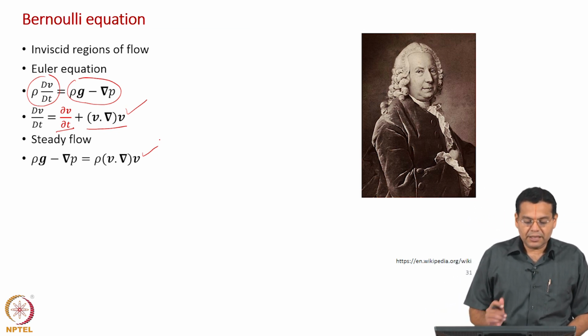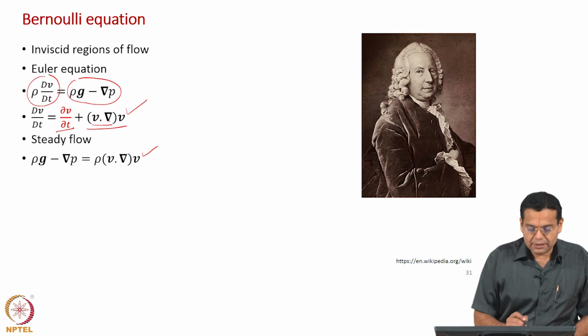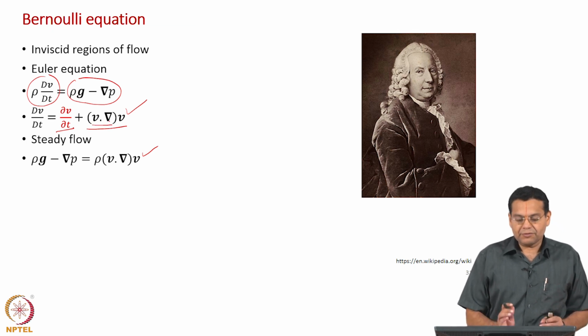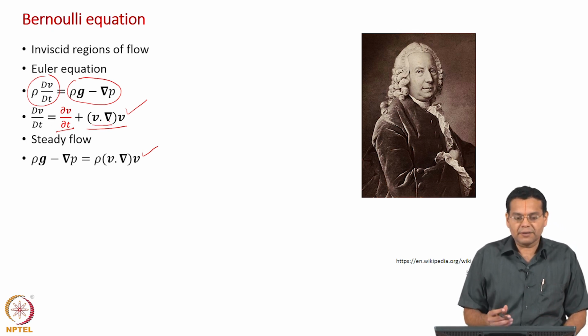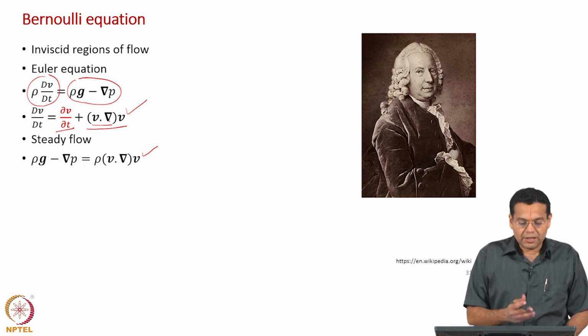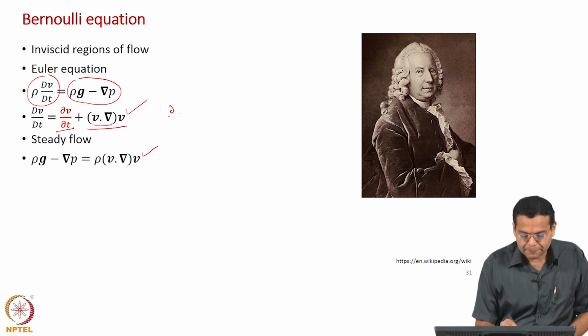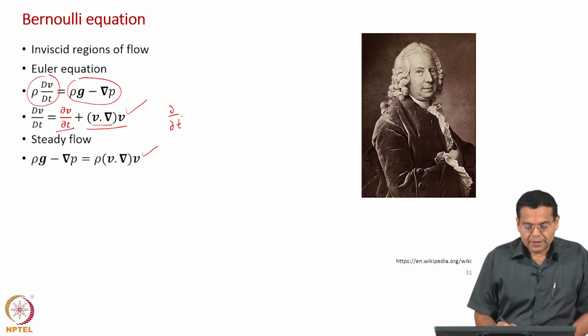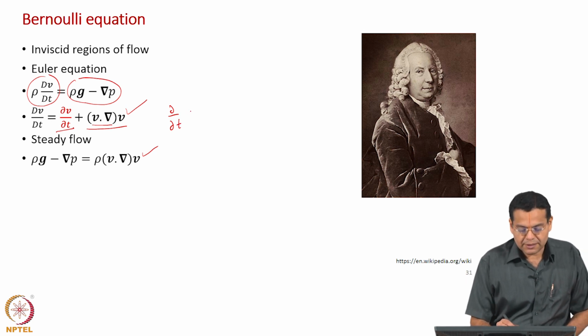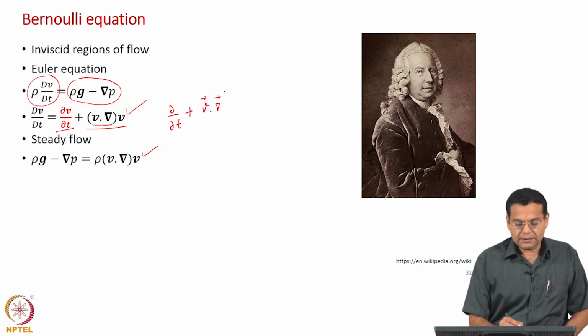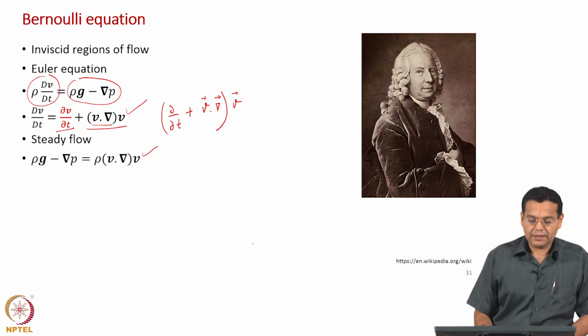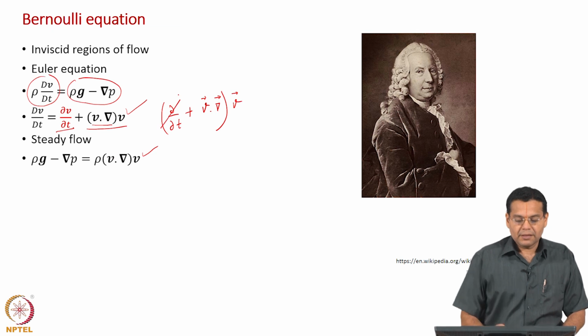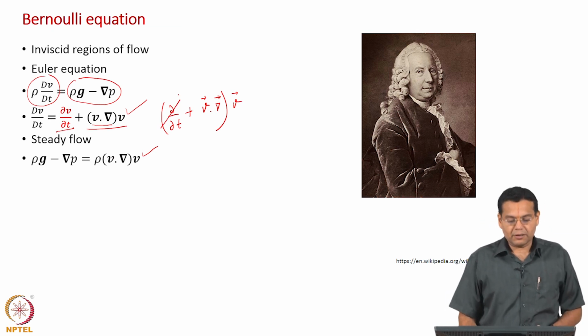Please note that it is v dot del operating on v, that is a formal way of saying it, not del dot v which is divergence. If you recall the discussion on substantial derivative, it is v dot gradient, and that is the operator operating on the velocity vector. Of course, we do not have the dou by dou t term here, and so it is v dot del operating on v vector.